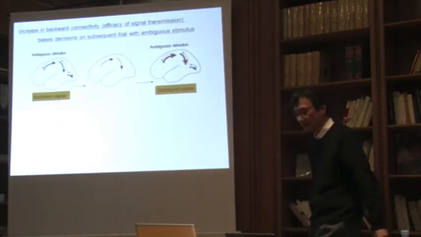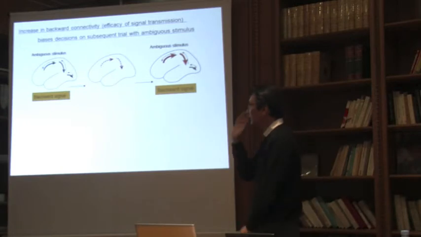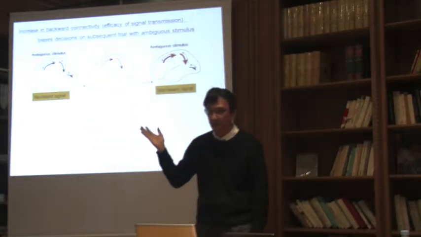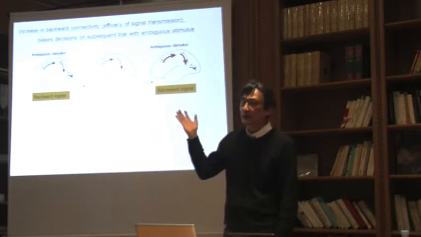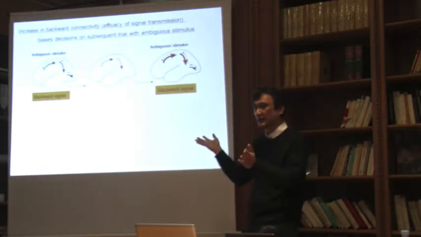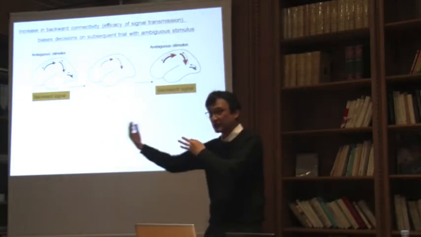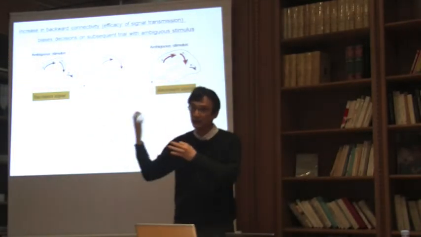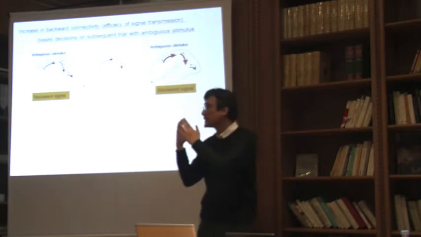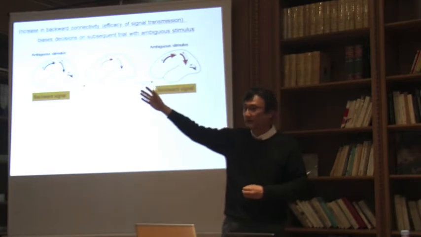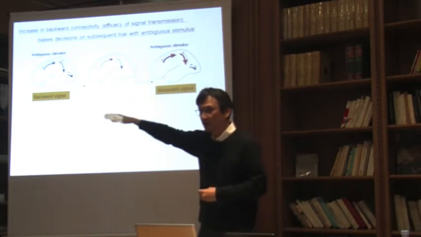And my idea is that when you make a decision about an ambiguous stimulus, this could have been made based on some endogenous signals, because there's no meaningful exogenous signals. And these endogenous signals may come from backward signals from frontal to visual areas.